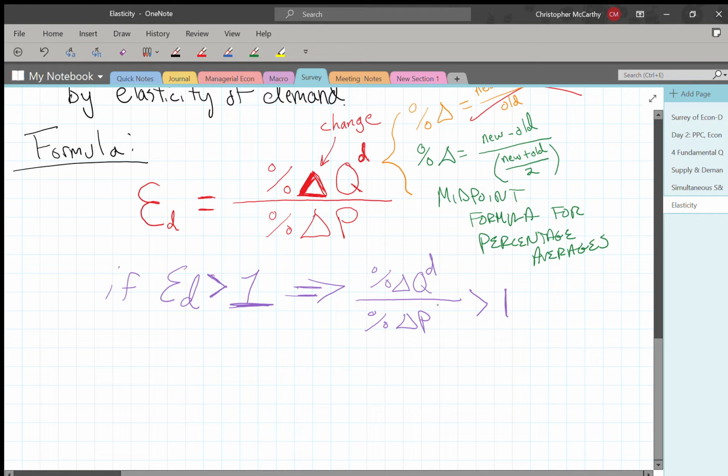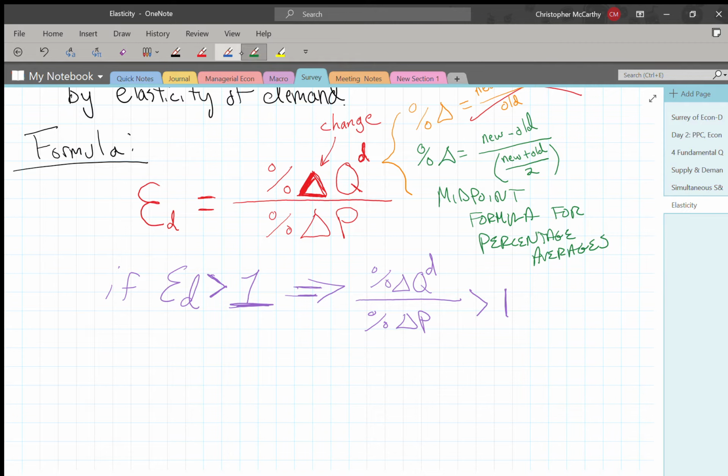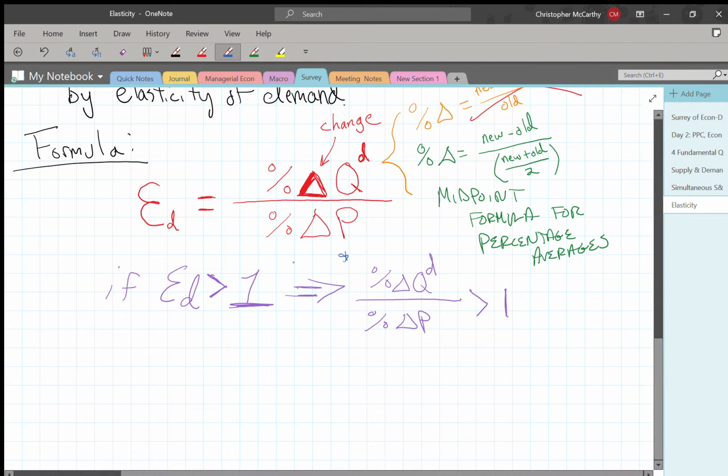We can multiply both sides by the percentage change in price. And we end up finding out that if the elasticity is greater than 1, that means that our percentage change in the quantity is greater than our percentage change in the price.